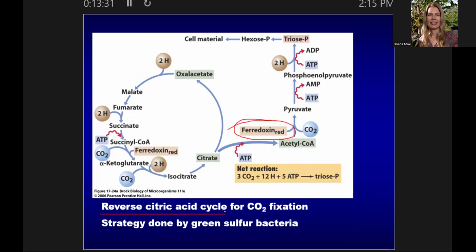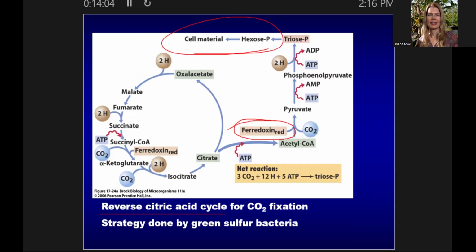And so this is the citric acid cycle. The microbe just says, I want to reverse it. And so here you can see, instead of the citric acid cycle producing CO2, like what we talked about, here CO2 is getting pushed into it in reverse with the help of ferredoxin to help with this process. And then we end up with your sugars. So the hexose P and the cell material, those are your sugars that ultimately get made.